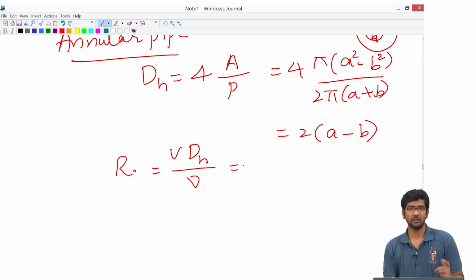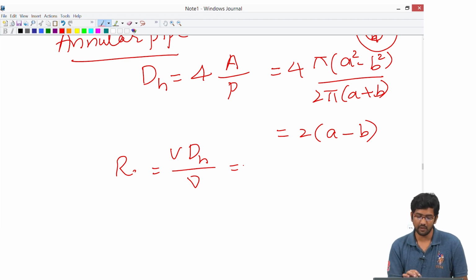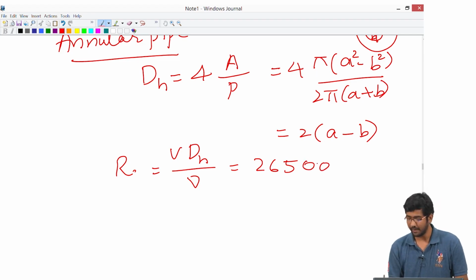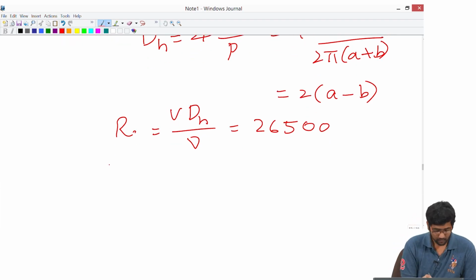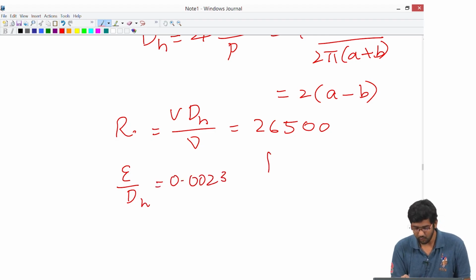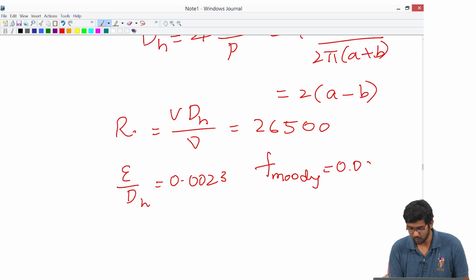As it is given in the question, the cross sectional areas of both the circular and annular pipe are the same. Therefore, the fluid velocity in both the pipes will be the same because the volumetric flow rate remains the same, and we can calculate the hydraulic diameter and we know the kinematic viscosity. Substituting all this, we get the Reynolds number as 26,500. Therefore, even in the annular pipe, the flow is turbulent, and here the epsilon by dH value is going to be 0.023, from which we can calculate f Moody, which is 0.0291.